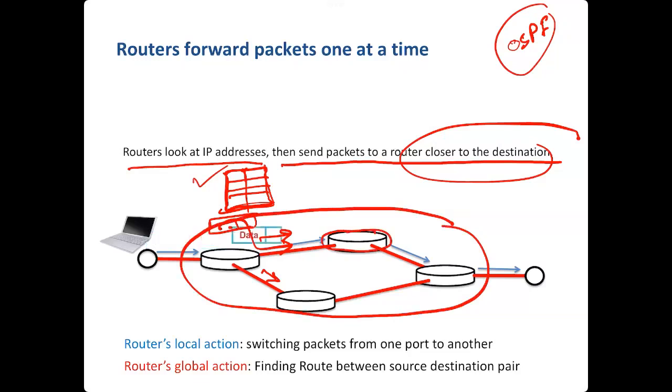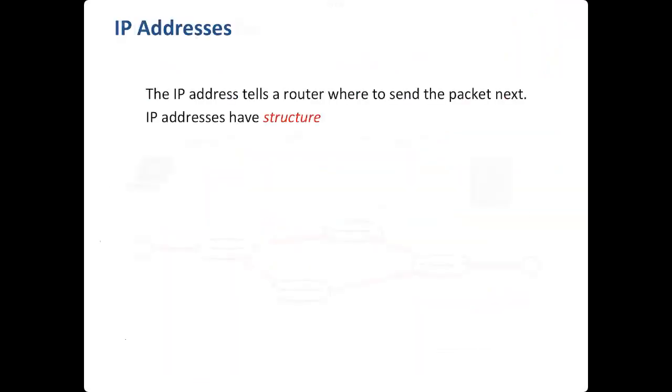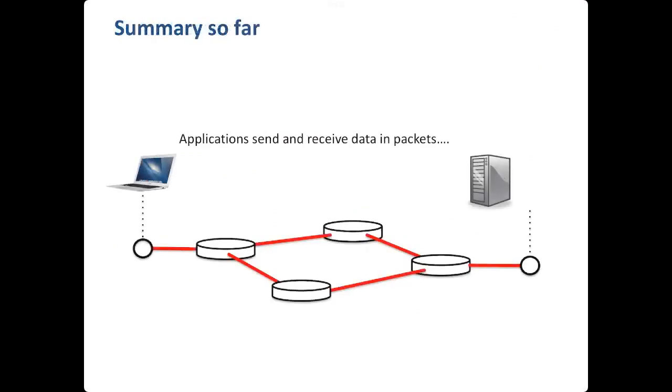Same thing happens on the internet. So the IP address must have some structure, there must be some semantics inside, right? For example, the IP address of Mandi is different from the IP address of Chicago, and based on that, routing decisions happen.